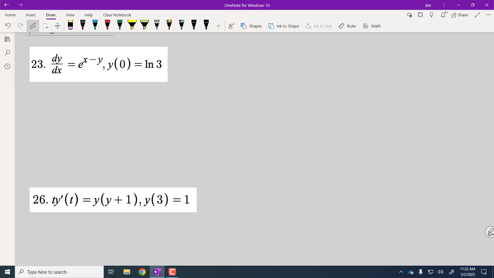Yeah, those are separable. Oh, yep, that's fine. I want to see what you're going to do with this, though. Yeah, I'm trying to figure that out right now. So this is not going to be subtraction.